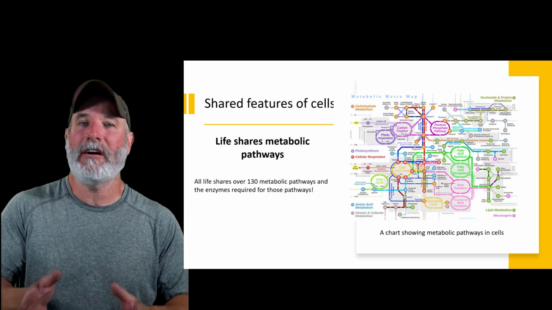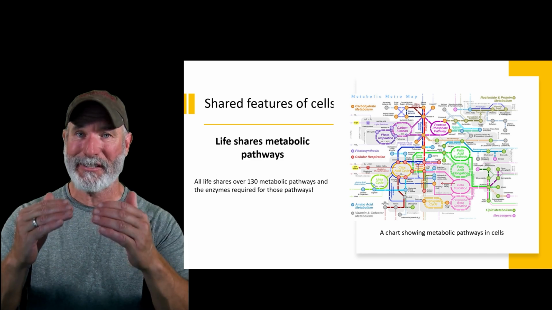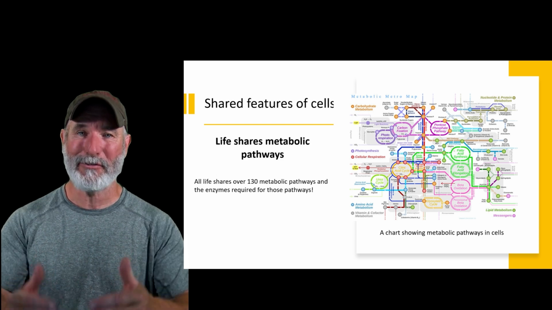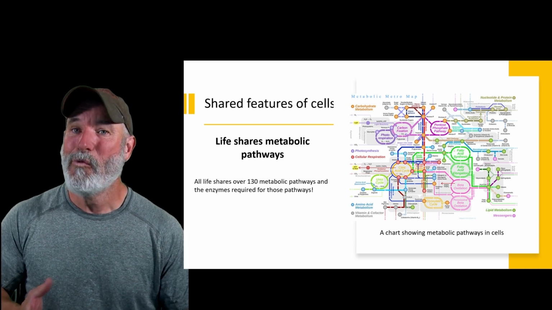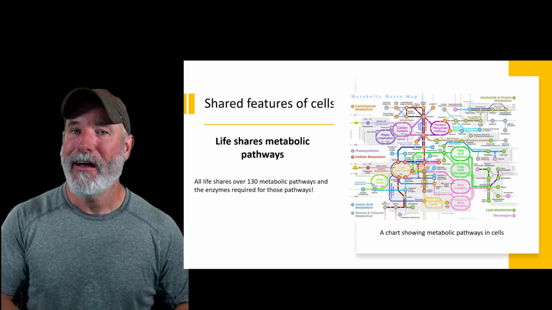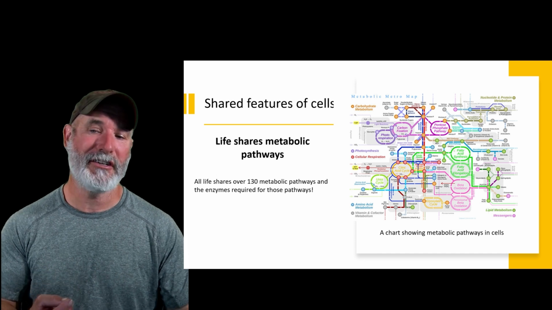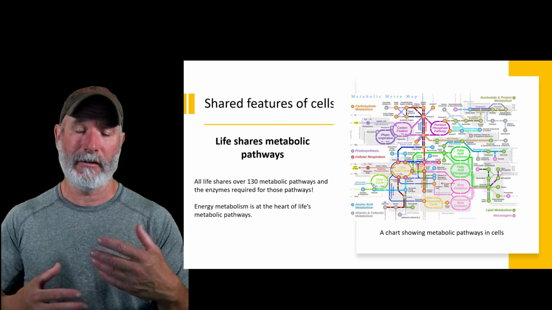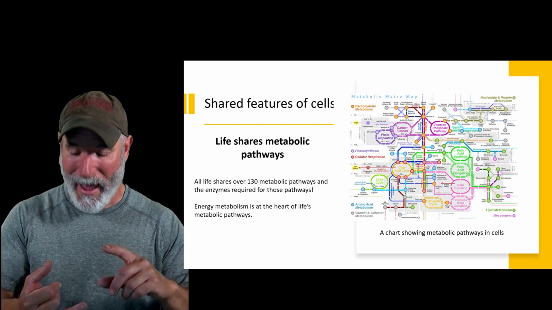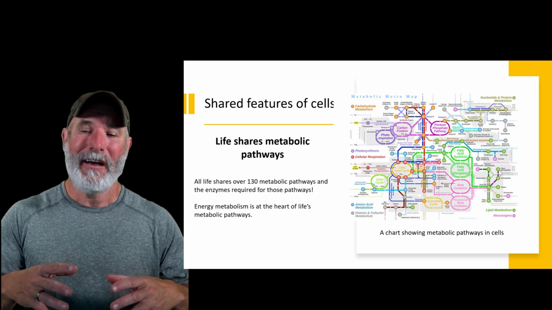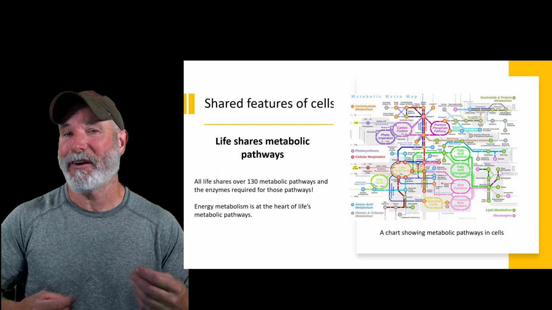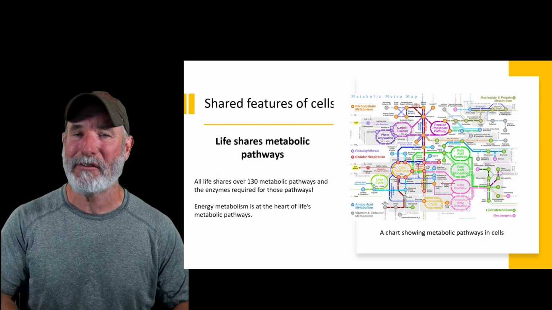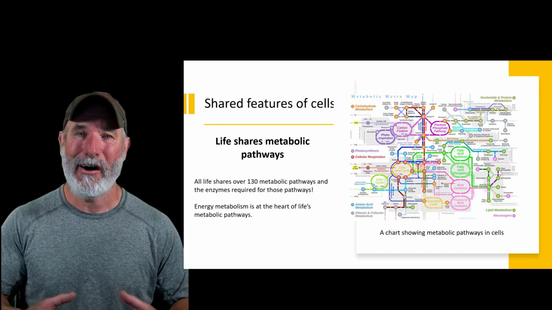So if we're sharing 130 sequences of metabolic pathways with all these different chemical reactions, we also share those enzymes that are functioning much in the same way as they have for billions of years. And the citric acid cycle and glycolysis are very important for energy production. And like I said, they're at the heart of cell metabolism and used by all life.